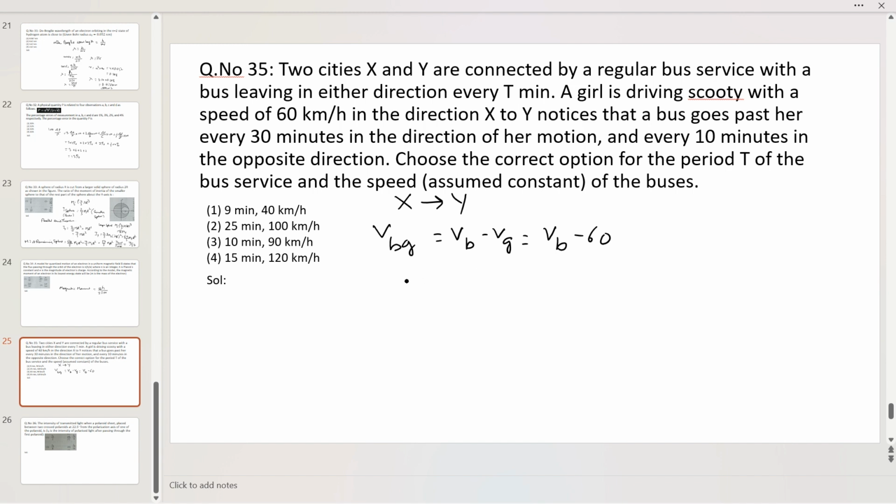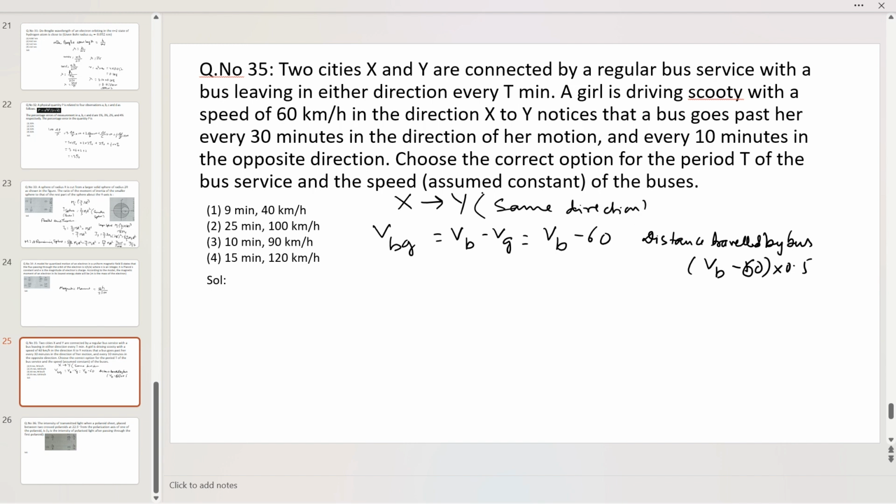Now the distance traveled by the bus will be (Vb minus 60) into 0.5. This is the distance traveled by the bus. This is for the same direction.